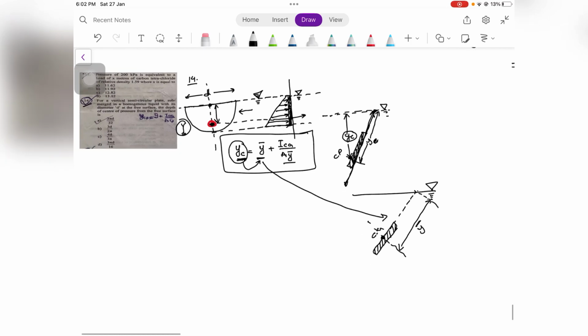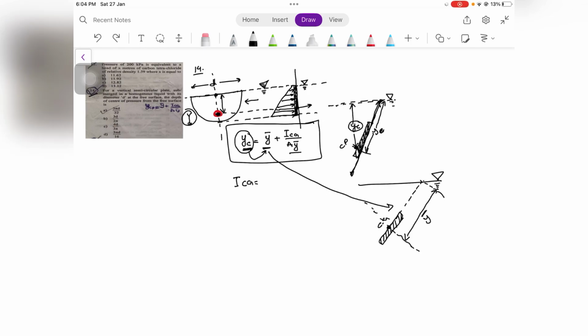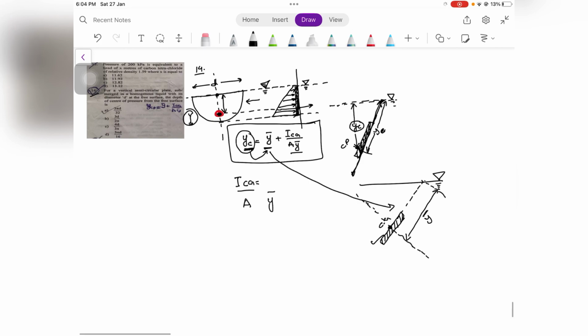Now the next term is the ICG. ICG is the moment of inertia about an axis passing through the center of gravity of the plate. A is the area of the plate and Y bar is, like we discussed, the distance of the center of gravity from the free surface.